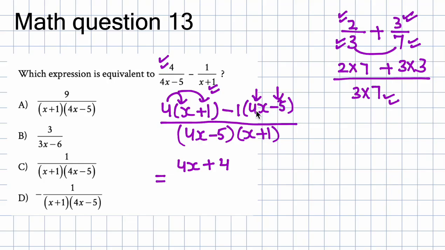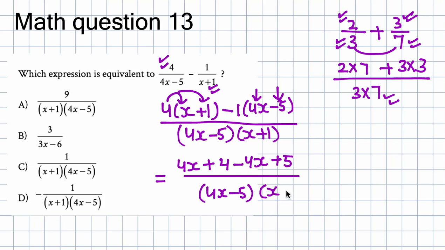So negative 1 times 4x is negative 4x, and negative 1 times negative 5 is plus 5, over 4x minus 5 and x plus 1. Now this is plus 4x and this is minus 4x, so these cancel, and 4 plus 5 is 9. 9 over 4x minus 5 and x plus 1.